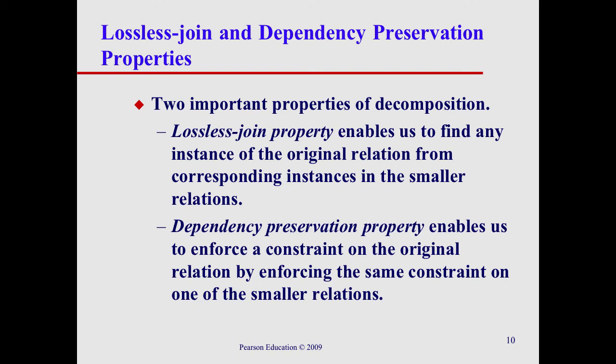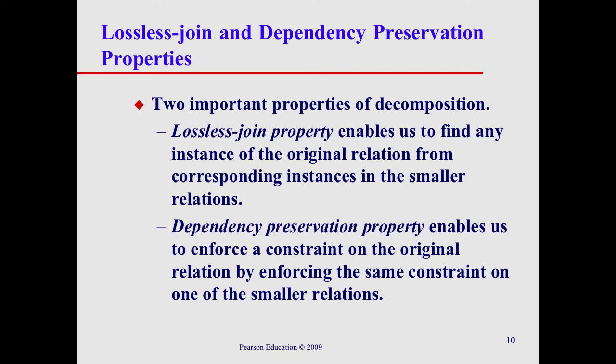And so the lossless join is ensured through foreign keys. Foreign keys are what give us the lossless join property. And we also want to preserve any dependencies. Those are relationships. So if there was a relationship between two or more attributes in the original relation, then that relationship should be maintained in at least one of the decomposed subrelations.